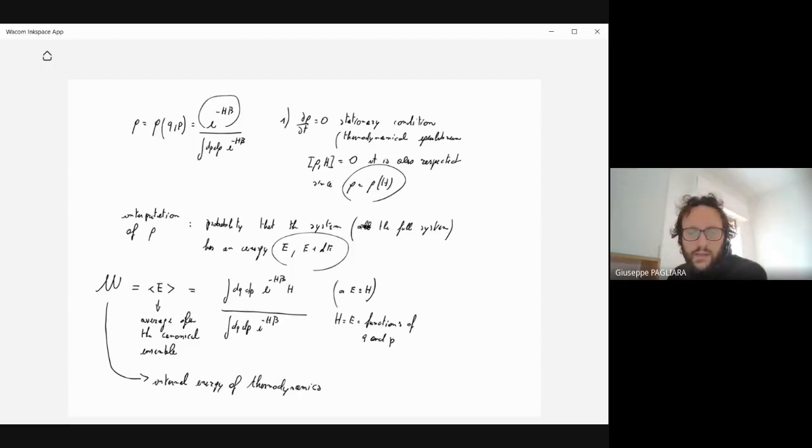Now, there is a difference indeed, and this will be clearer later. There is a difference in this case between internal energy and energy of the system that was not present in the case of the microcanonical ensemble, since the system was isolated.